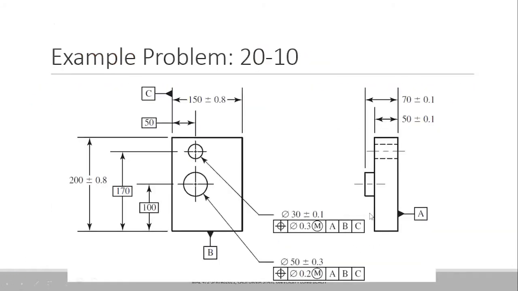In this drawing, do you think there is any symbol that controls the cylindricity? To be more precise, the form of a cylinder is called cylindricity. Is there any tolerance or symbol that shows the cylindricity? No.